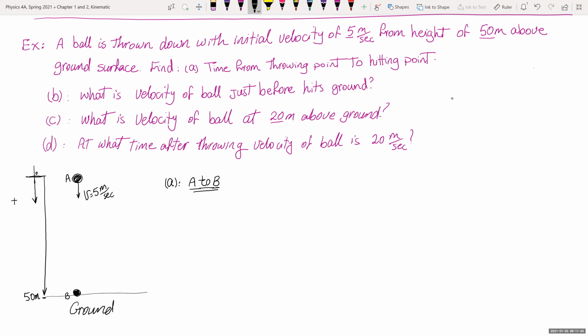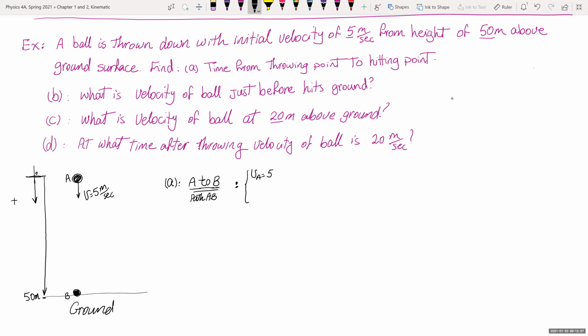This is my path. We can call it path AB. So we will solve equations for path AB. What do we have for path AB? Verify knowns and unknowns. Initial velocity at point A is 5.